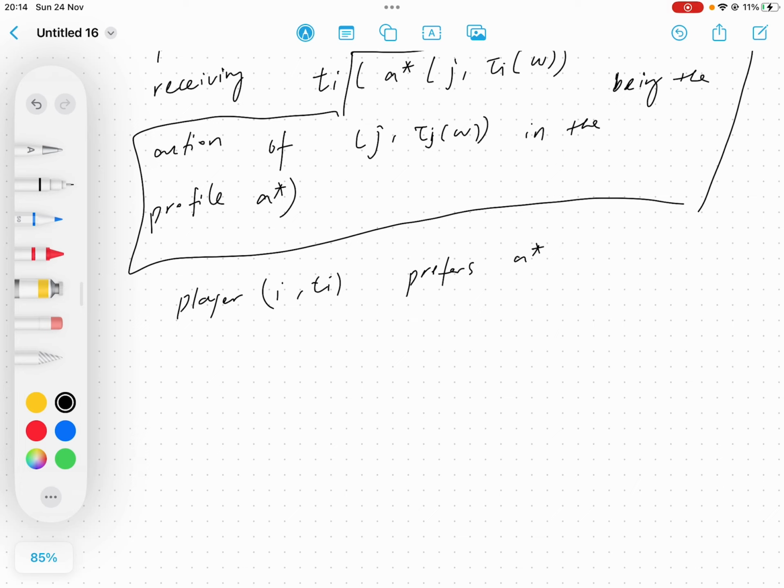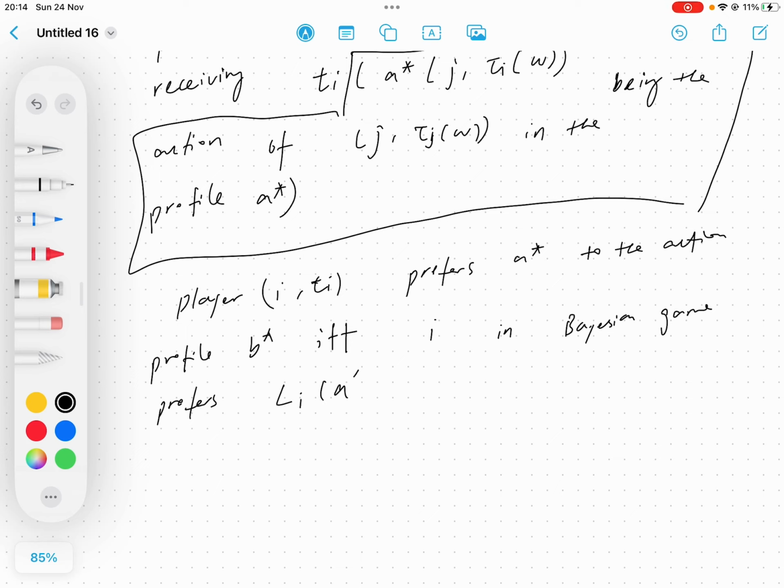Because we have explicitly written out all those types, we're always referring to the strategic game G star and the action profile a star in the strategic game G star, to the action profile b star if and only if player i in a Bayesian game prefers the lottery L_i a star t_i over the lottery L_i b star t_i.